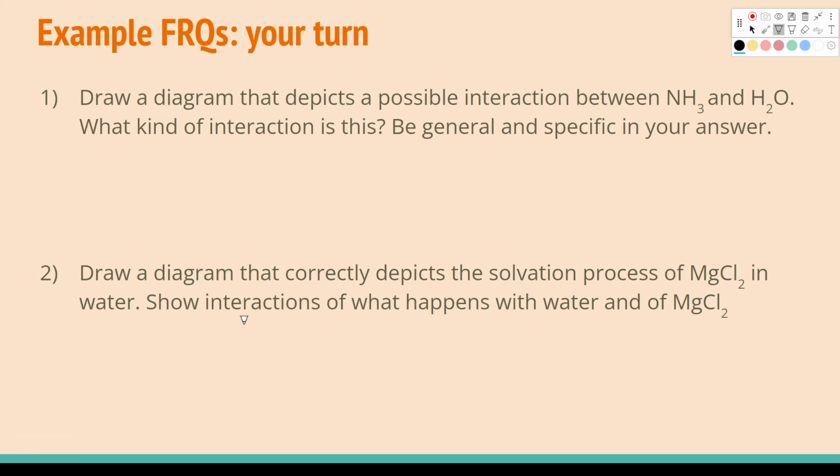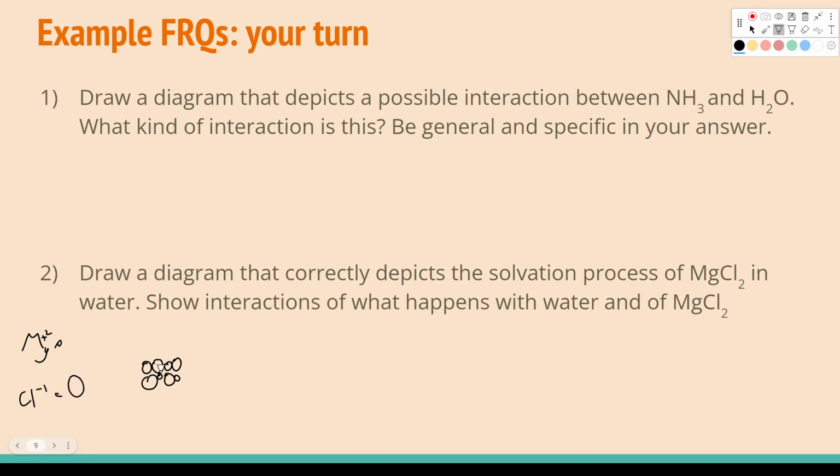So I can show we have a solid of that. And so, oh, this is a terrible drawing. You should draw a key and make it more obvious which one is which. So my Mg is going to be the smaller one, Mg plus 2. And then Cl minus 1 is going to be the bigger guy.